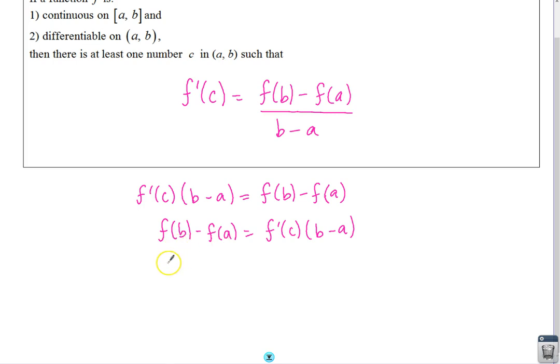I'm going to call f of b y2, so that means I'm going to call f of a y1. Going back over here, if y2 went with f of b and y1 went with f of a, that means b must have been x2 minus a, which was x1.